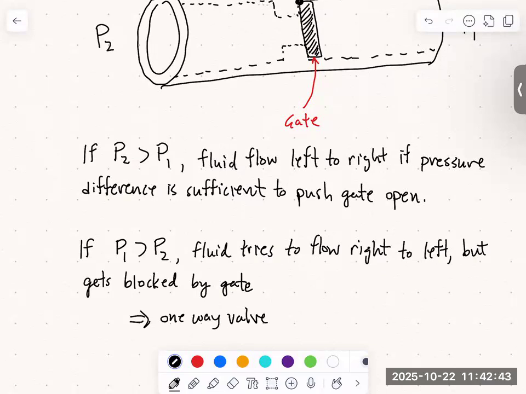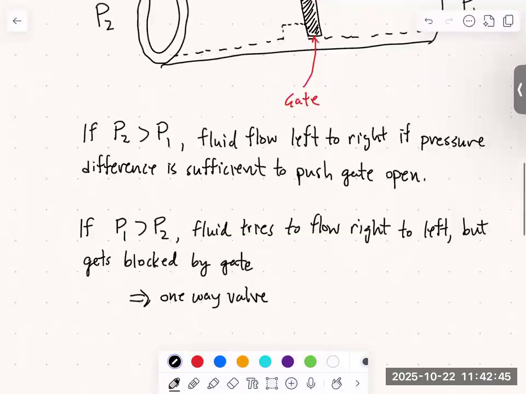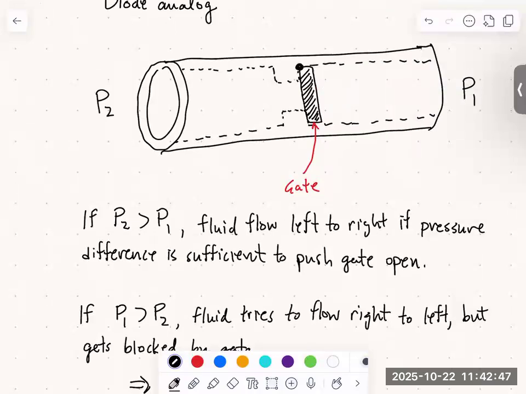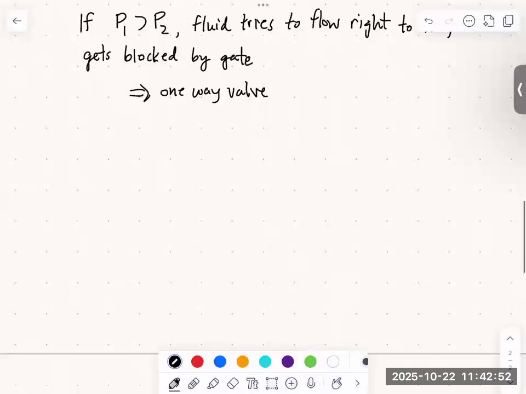Okay, so let's go back to that first case where we say P2 is greater than P1, but we're going to make that pressure difference really small.